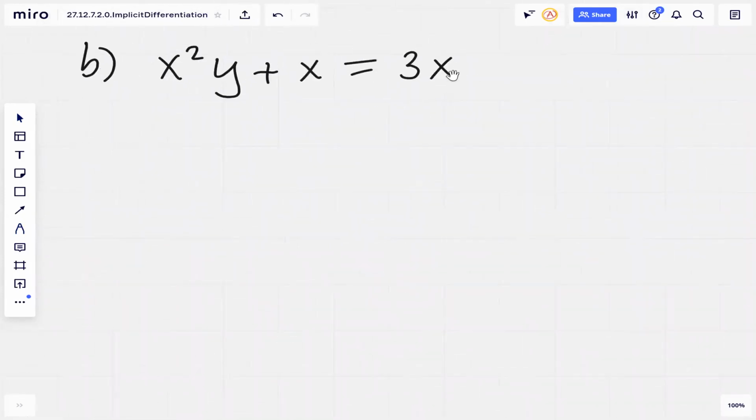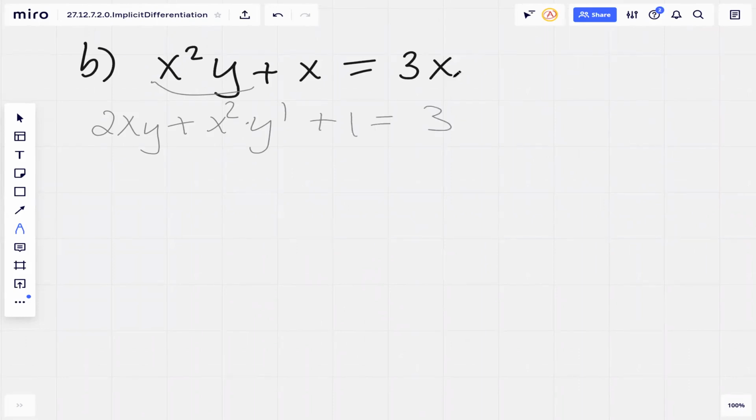We need to find the derivative using implicit differentiation of x squared y plus x equals 3x. Again, let's take the derivative across the equation, left side and right side, with respect to x. We get 2xy plus x squared times y prime, so we get to use the product rule, plus 1 equals 3.